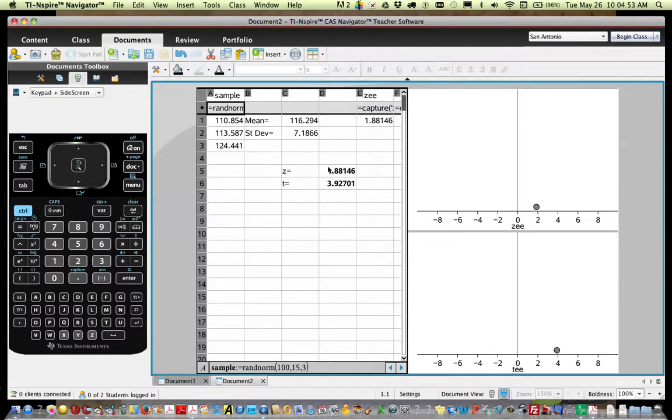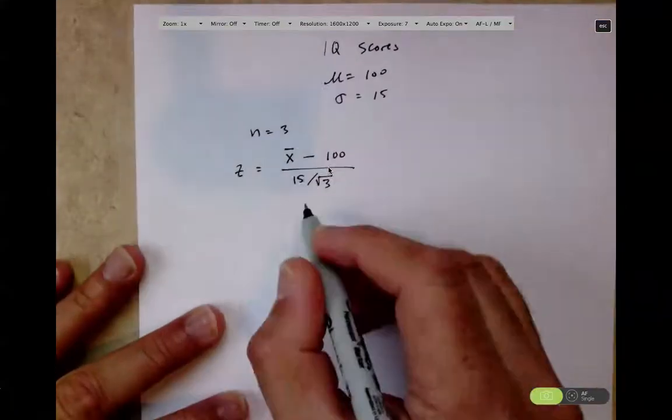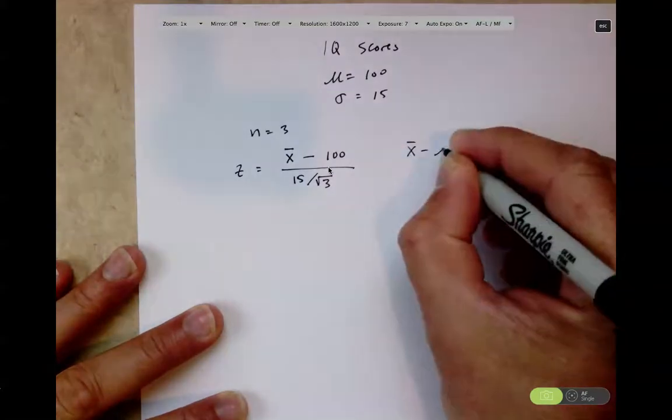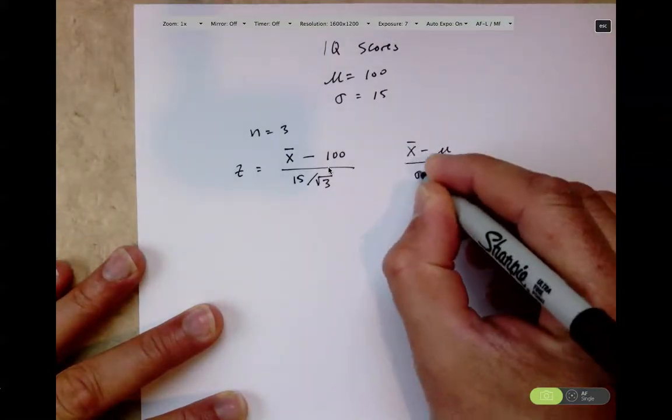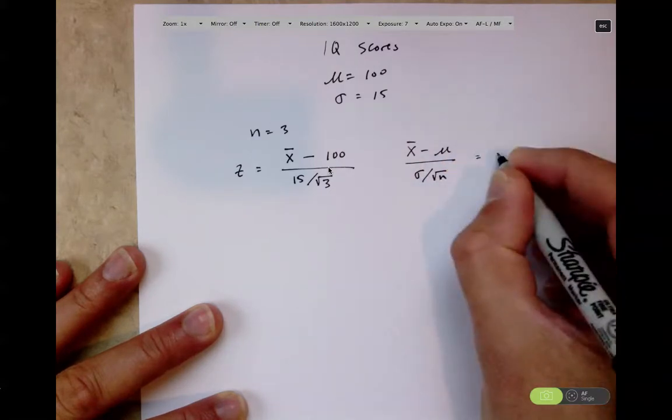Now what I want to compare that to is this: again, this is x bar minus mu over sigma over the square root of n. This is how you calculate a z-score.